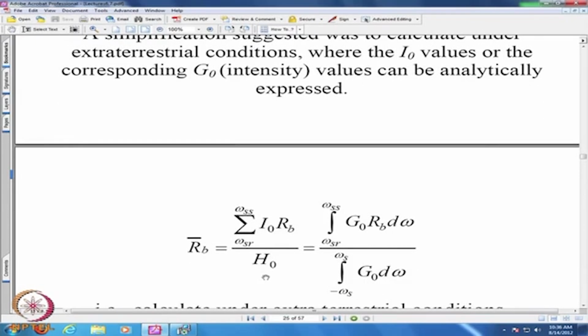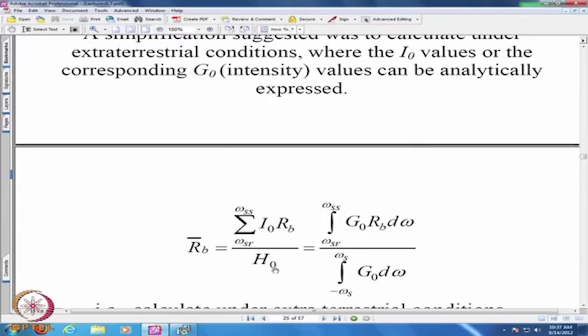Later on we will give even a better justification. One justification is I am making a mistake in the numerator as well as in the denominator. So, to a large extent it may get cancelled, and I may have a reasonably accurate value subject to validation. IB is replaced with I0 and HB is replaced with H0. Consequently, this ratio is likely to be reasonably correct.